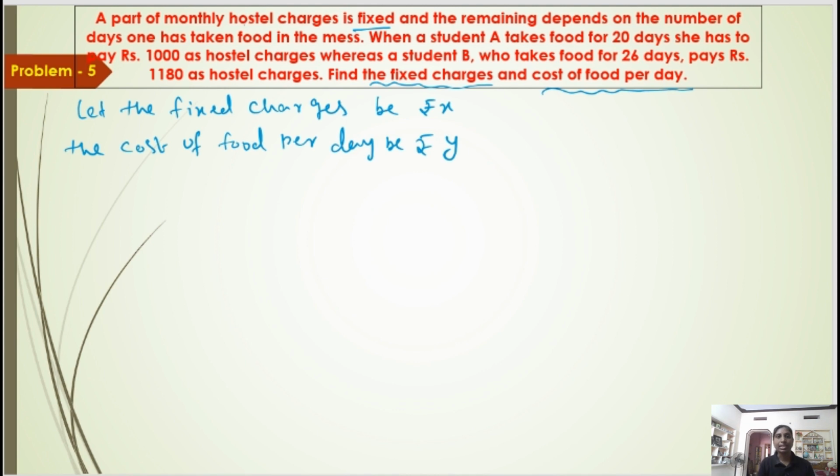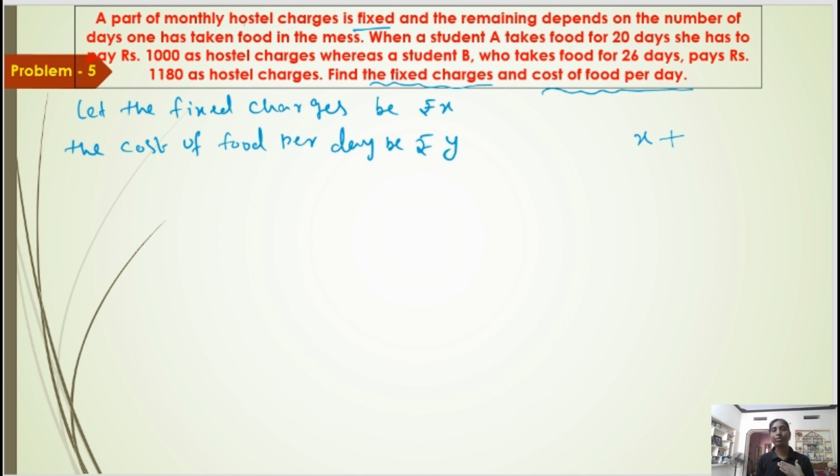Let me explain one thing. Suppose you and I are students. You are student A, I am student B. In a hostel, a part of monthly hostel charges is fixed. So if the fixed charge is x rupees, you also have to pay it and I also have to pay it. That is a common amount. Additionally, what we pay depends on the number of days we take food there.